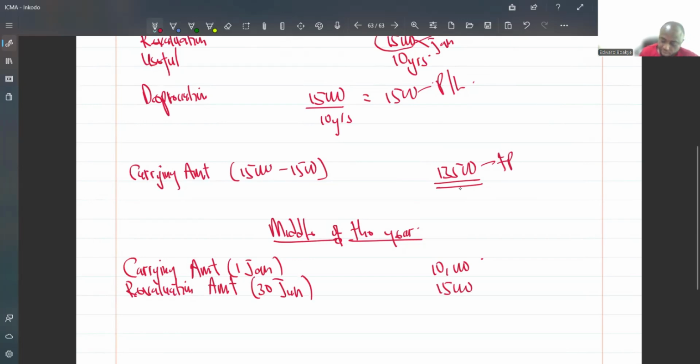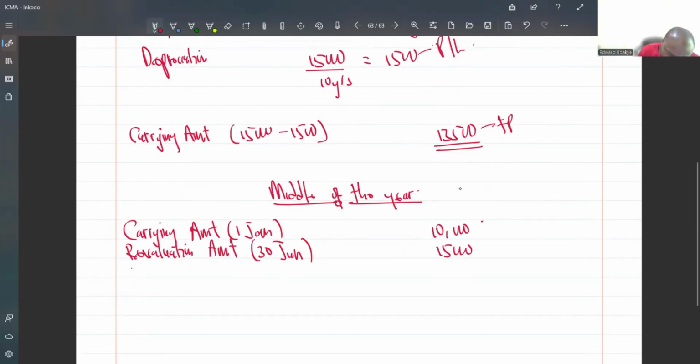Let's bring in the useful life of 10 years. So the question we ask ourselves is, which of these are we going to calculate the depreciation of? Because this is 6 months, then revaluation also came in. Which one do I use? That is where you begin to panic, right? But the first 6 months, you didn't know of this 15,000.